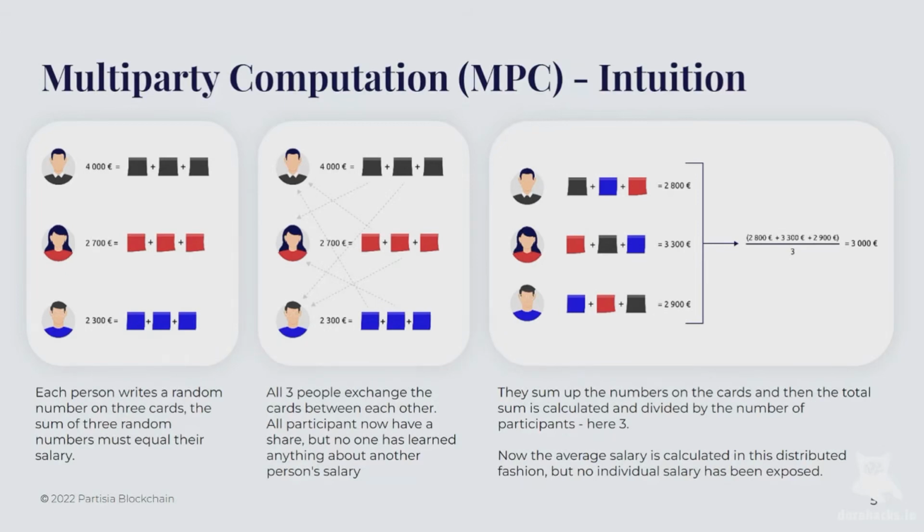Then those 2 participants will not know what their salary is, but they will have a number that is a part of the salary. And that means that each of the persons now have 3 cards with a number on it, and if they are willing to add up these numbers and share the sums, then it is actually possible for us to calculate the average, even though none of the people learned the salaries of the other persons.